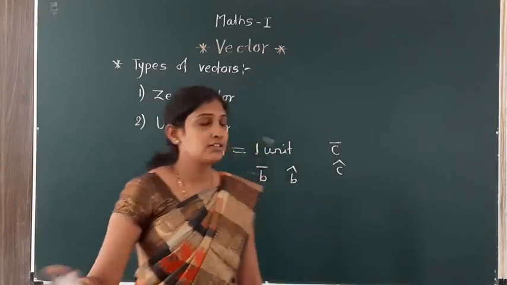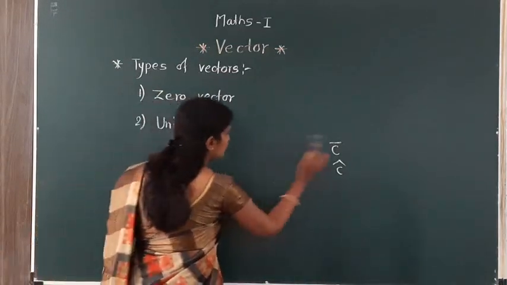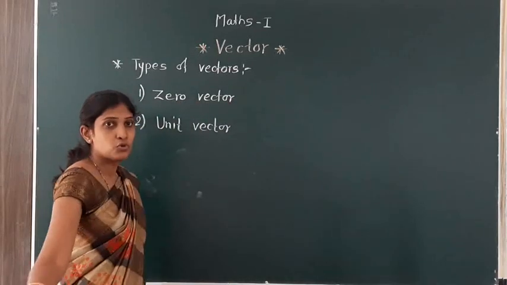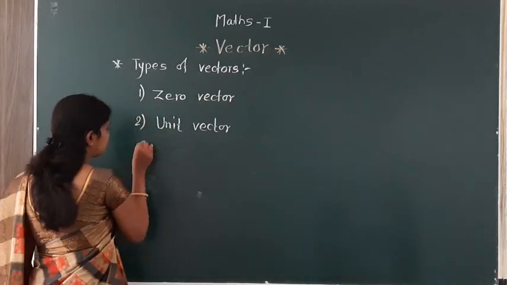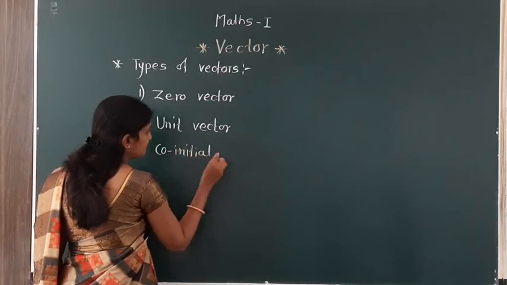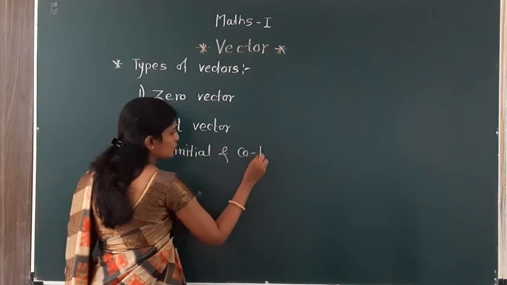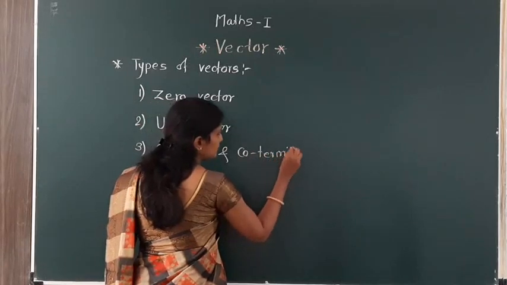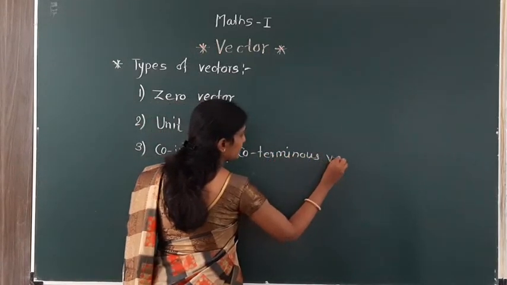Third is co-initial and co-terminus vectors.